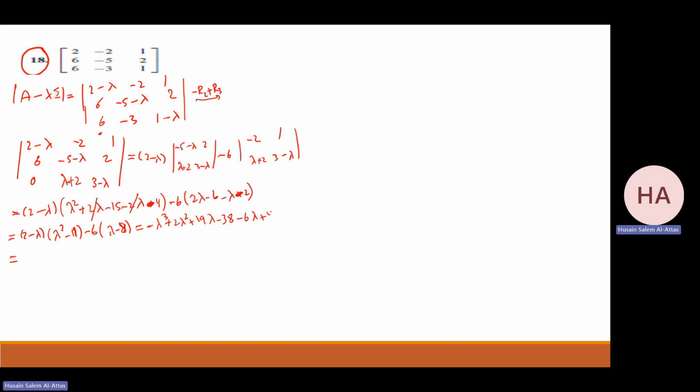Plus 48. Is that minus lambda cubed? Plus 2 lambda square. 19 lambda minus 6 lambda. Plus 15 lambda. Plus 10. It's worse.